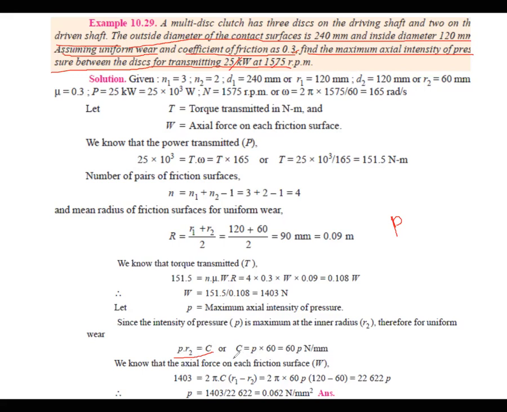Same thing, everything is the same, but substitute p into R2 as C. Then substitute that C value in the main formula. Once you know C, you can calculate the intensity of pressure. That is the value.